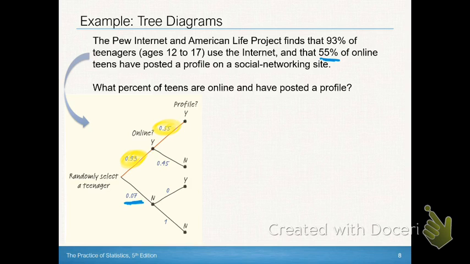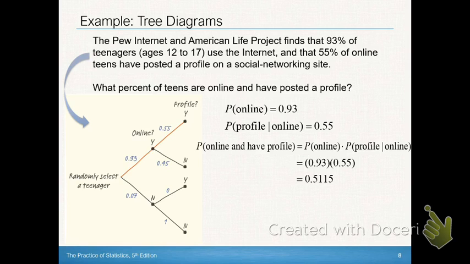And then the rest, so subtract from 100, that gives us this 45%. For the other branches, if they're not online, they can't have an online profile, so there'd be a 0% chance of that happening, and a 100% chance that they don't have an online profile if they're not online. So that's how we're coming up with all of these little branch values.